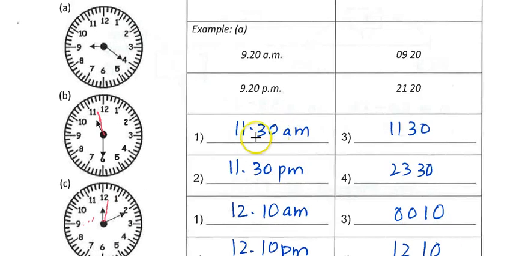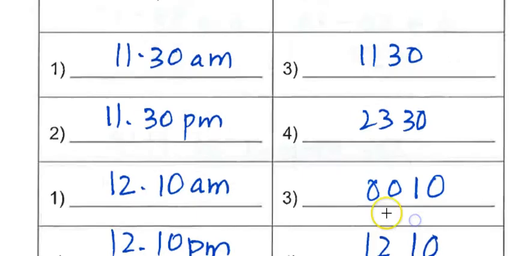Okay, so 11:30 a.m. is 11:30 p.m. when you add 12 hours to it, and it becomes 23:30. Now watch out, 12:10 a.m. is midnight, the beginning of the day. Therefore, the hours is 00.